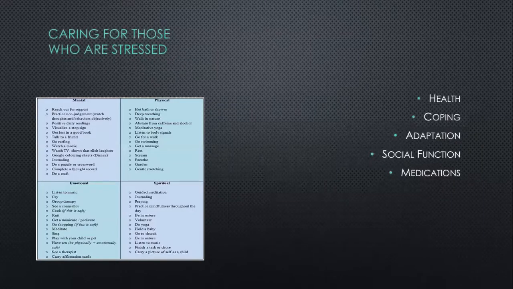So, how do we care for those that are stressed? First and foremost, we want to help them maintain that physical wellness. So, we're going to run labs, do a physical assessment and any diagnostic testing, and administer any medications that we need to help maintain that person's body functioning and help prevent the physical effects of stress.